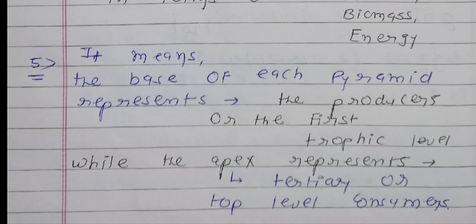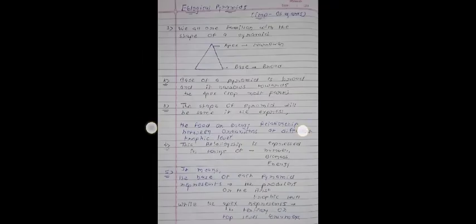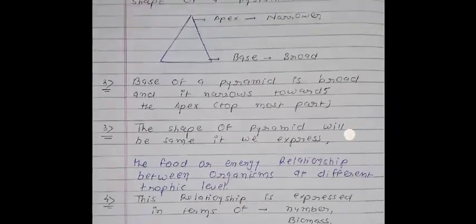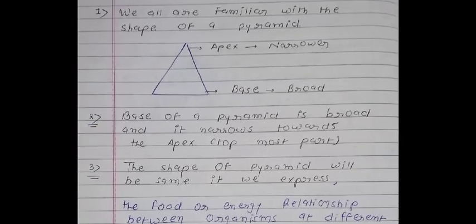So it is a one-liner question: the base represents blank and the apex represents blank. You will remember that the base represents primary producers, meaning the first trophic level, while the apex represents the tertiary or the top level consumers. So on this page 5 points are there. First point is about being familiar with the shape of the pyramid.